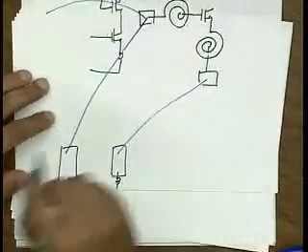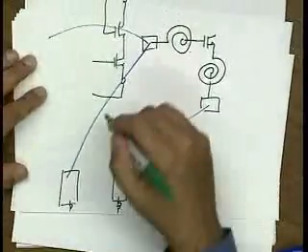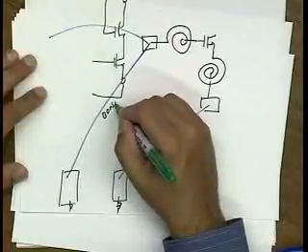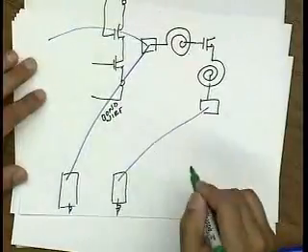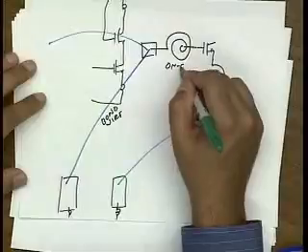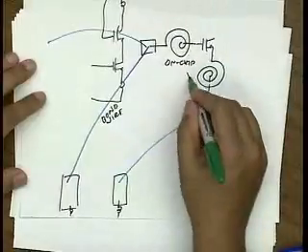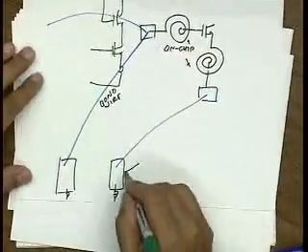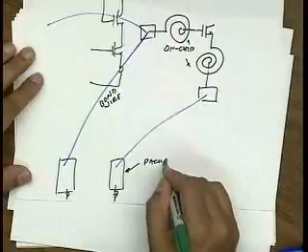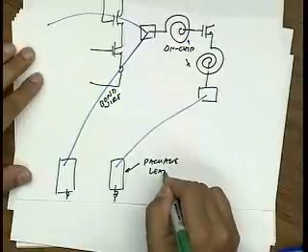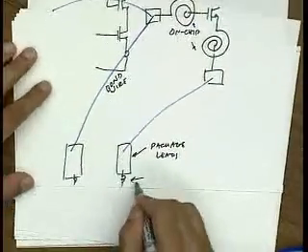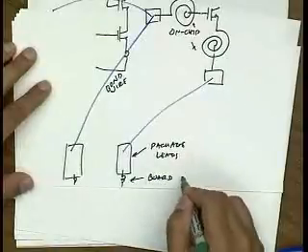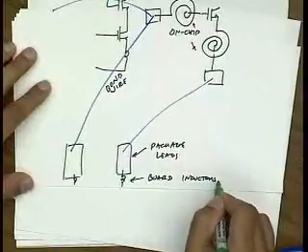So the actual inductance has many parts. There's the bond wire portion. There's the on-chip portion. There's the package leads. And then there's maybe board inductors that we use.